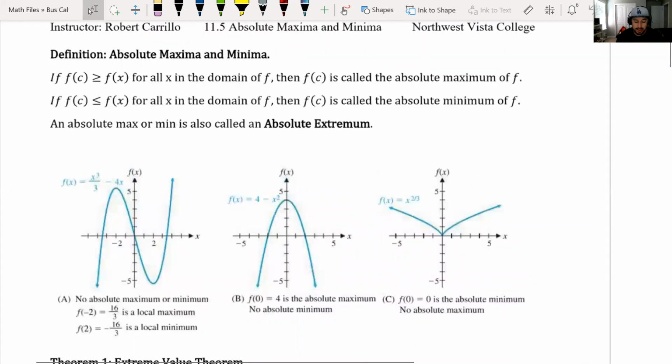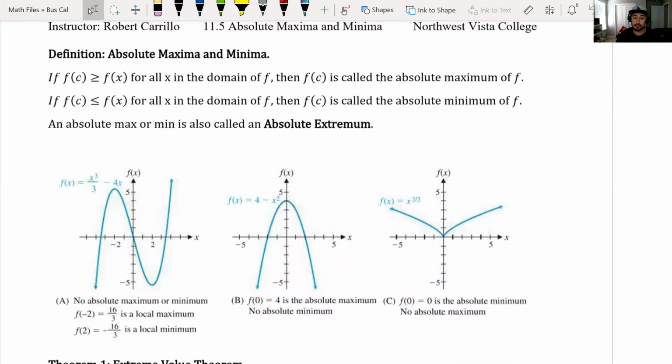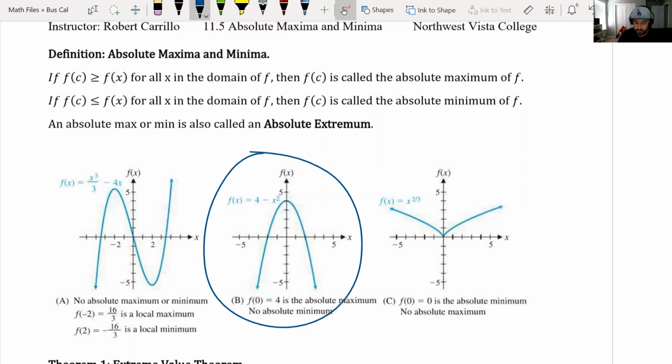For an absolute max and min, to be an absolute maximum, it is the absolute highest point of the graph, right? If you look at the chart down below the graph, this would be the representation of an absolute maximum.